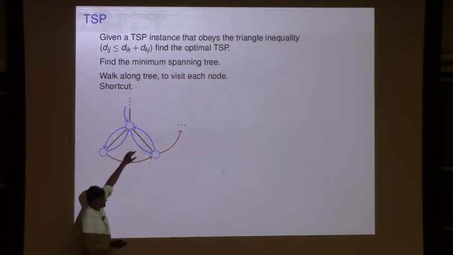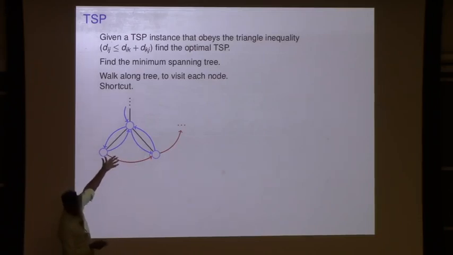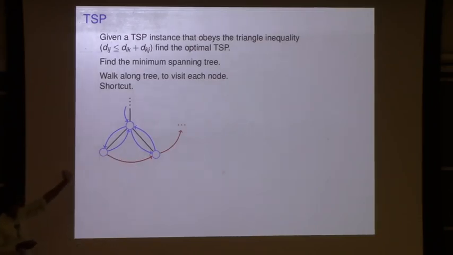Okay? So you can shortcut it, so that you may get better if you do that. You may not be better, it may be just the same. Okay? So this is an approximation algorithm. It's guaranteed no matter what TSP instance you give me, as long as it obeys the triangle inequality, this is an algorithm.